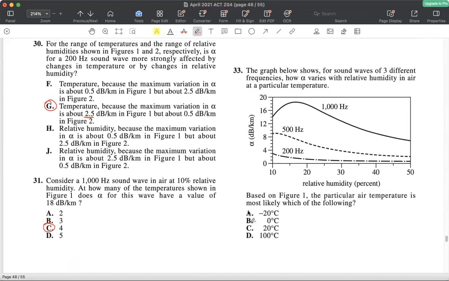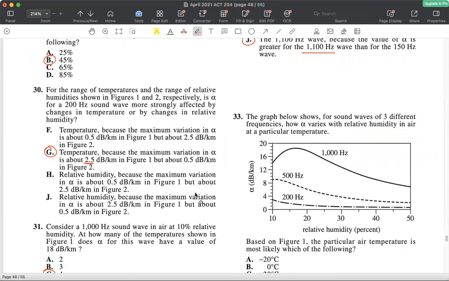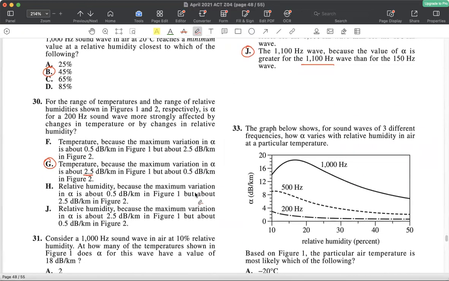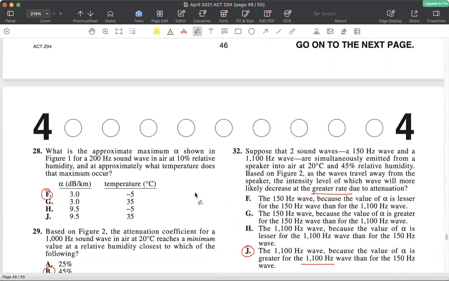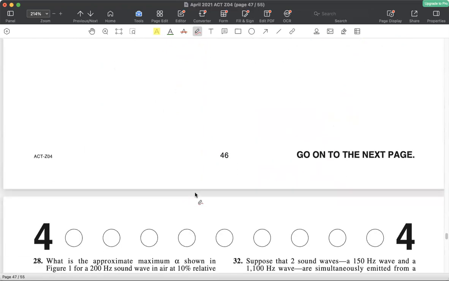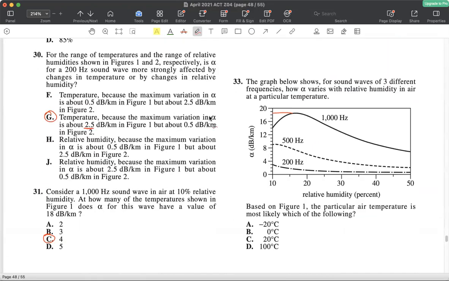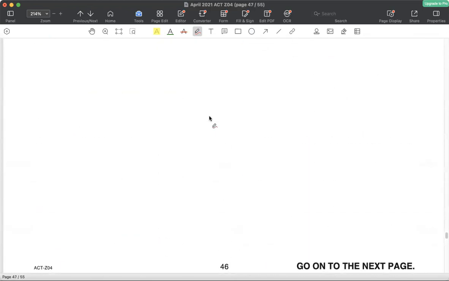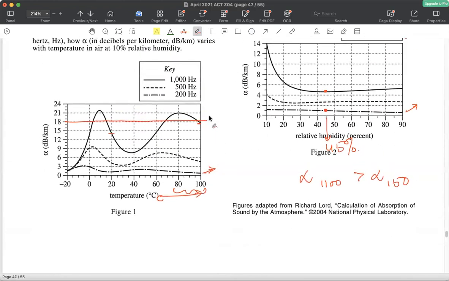The graph below shows for sound waves of 3 different frequencies how alpha varies with relative humidity in air at a particular temperature. Based on figure 1, the particular air temperature is most likely which of the following? Okay, let's just confirm. If it's 20 and relative humidity is 20, right? What was the relative humidity here? 10%, sorry. At 500 hertz, at 10, it is about 8.